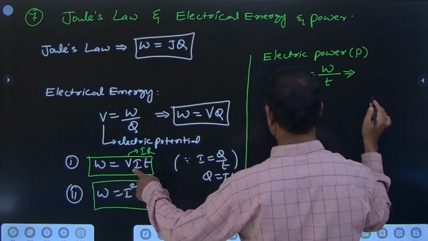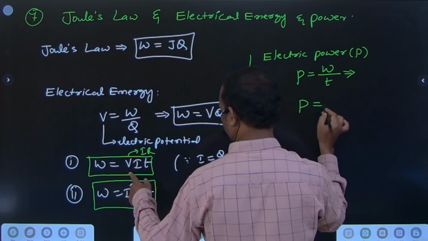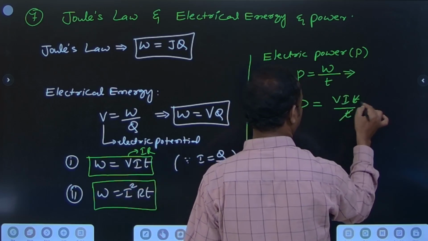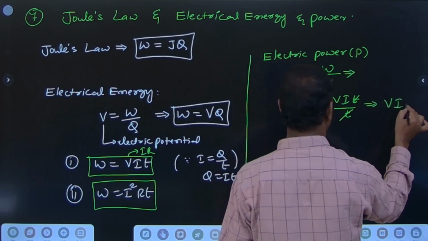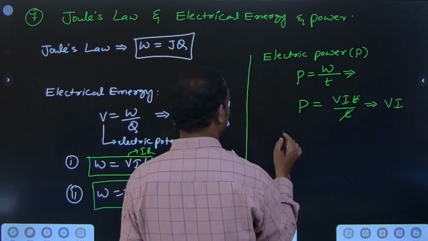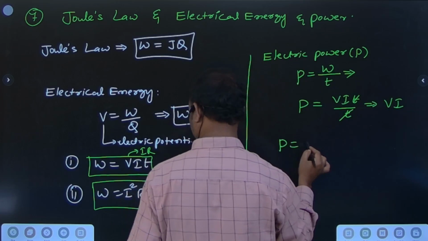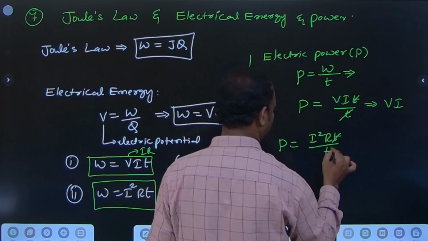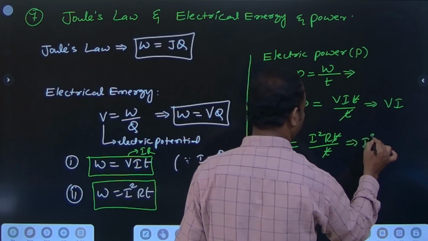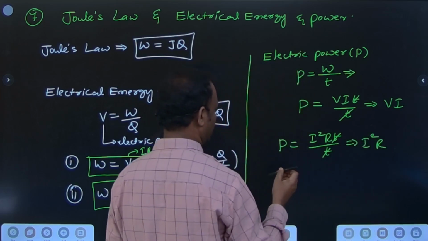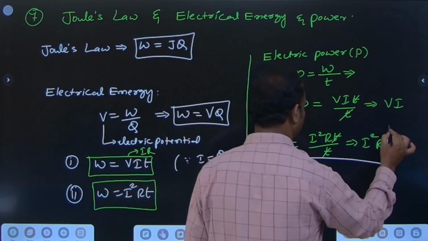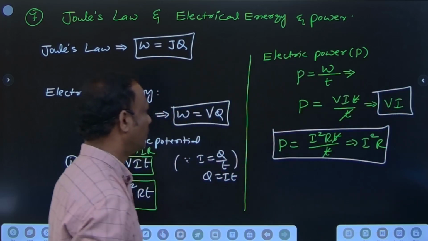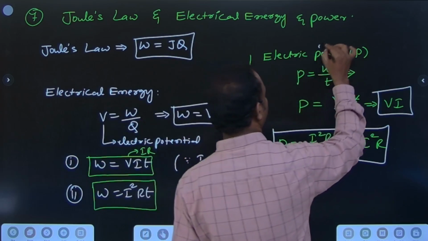So first, P is equal to VIT by T. T and T cancel, so it is V into I. Next, P is equal to I square RT by T. T and T cancel, so it is I square R. So these are the relations for electric power. Power is measured in watt.